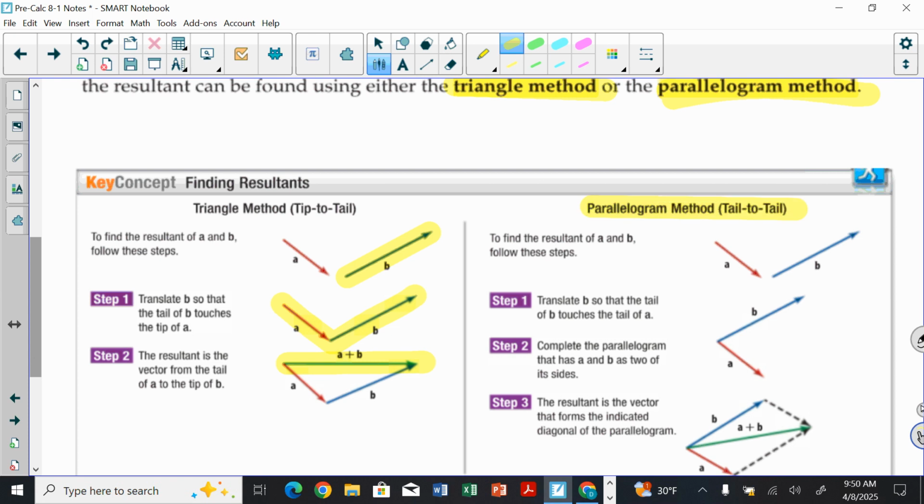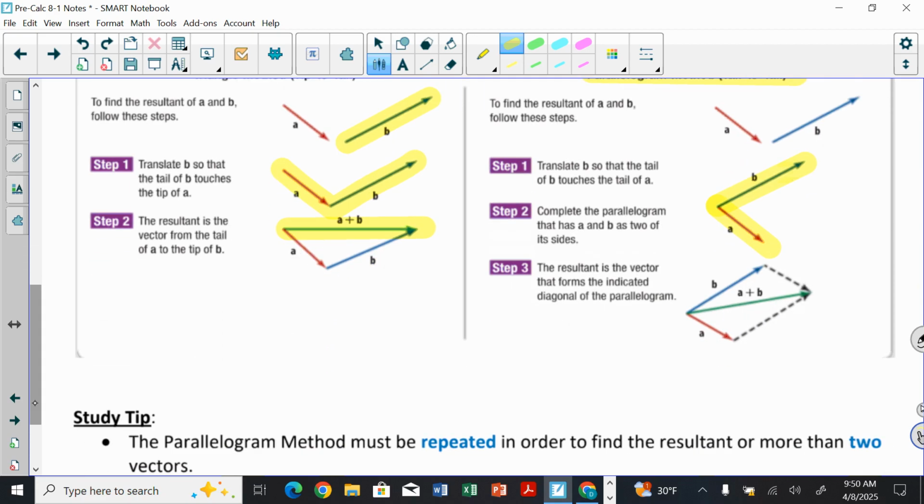Instead of going tip to tail, I'm going tail to tail, so their initial points, not the points with the arrows, touch. I translate them so that they look like this with their tails touching, and then I draw a parallelogram using the opposite sides, right? I draw these in to make a parallelogram, and the diagonal that splits it into two congruent triangles is your A plus B, okay?